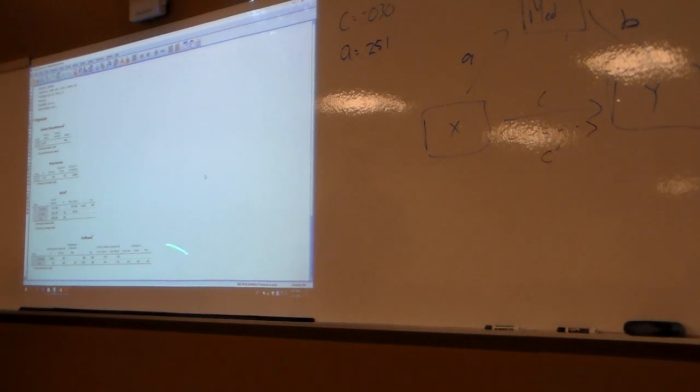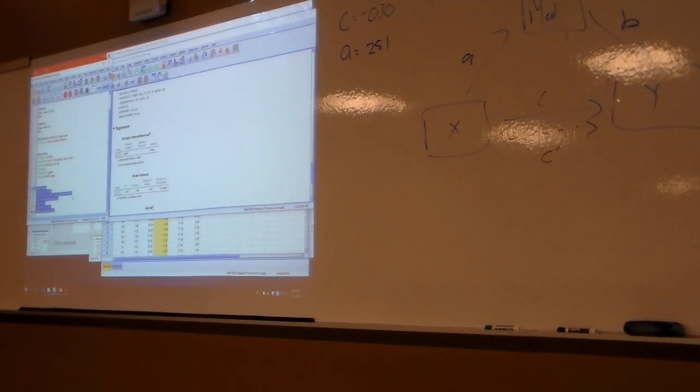Okay. And then we can take a look at our effect sizes for this if we would like. We won't worry about this too much. And so then one more step, John. What do I do with the last step of these analyses?